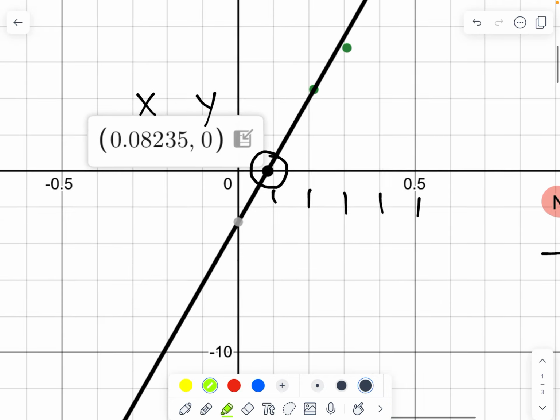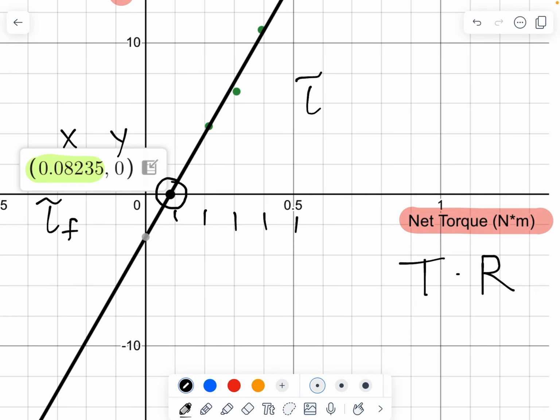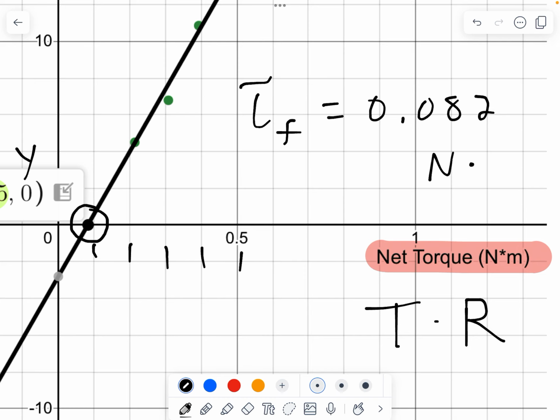So the meaning of this number right here is torque F, the internal torque of the wheel, like the axle acting against the wheel, and it is equal to 0.082, let's say, newton meters. That's how you measure torque. So that's just the meaning of that number.